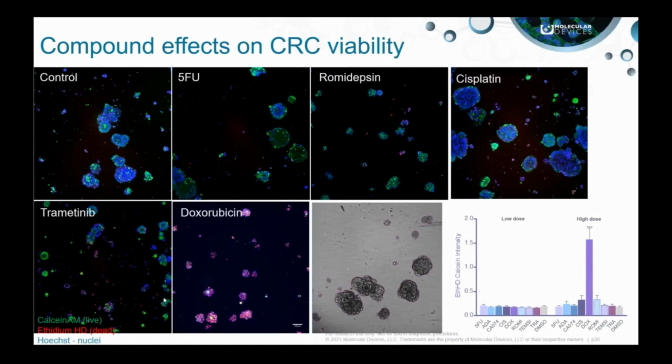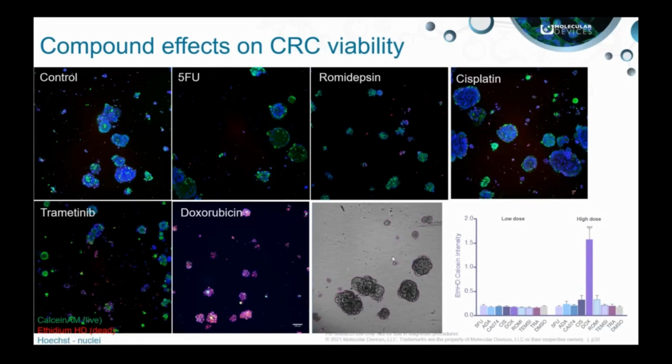So here is a panel of representative images that were acquired on the ImageXpress confocal imager. Similar to the previous analysis, we used the same deep learning segmentation model to identify all organoids and measure the intensities from the green and red channels. Here at the bottom, you can see the bright field image with the magenta pink outline around each organoid. This is the output from the deep learning-based segmentation.